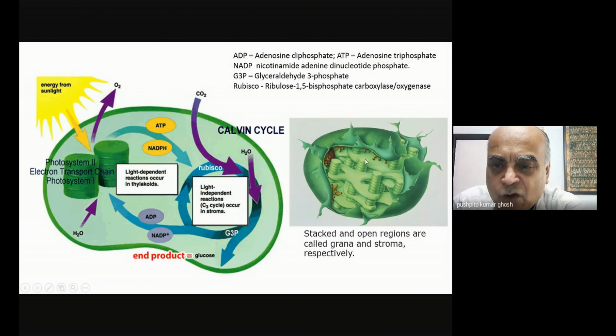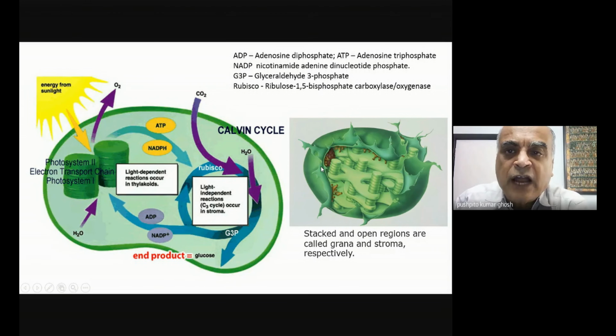And then you have a lot of open regions, which is the stroma, and the stacked regions are known as the grana. This is where your light dependent stuff is taking place. The dark part is taking place in the stroma.